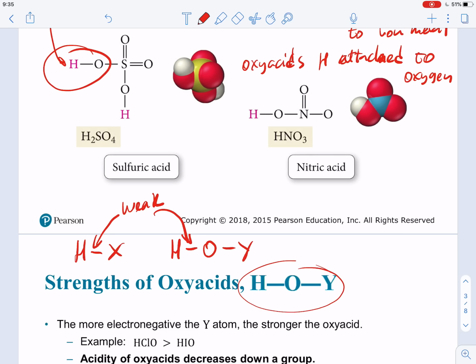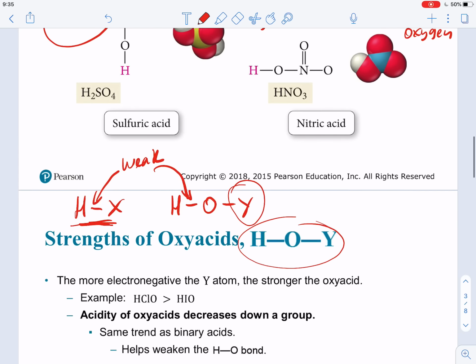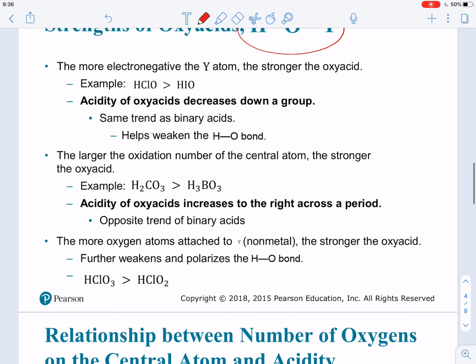It is this bond, the hydrogen oxygen bond, the one that you want to be weak. Okay, so the nonmetal has a larger impact here in terms of the strength of that hydrogen nonmetal bond, but here the impact is a little bit different, because it's not affecting the bond directly, it's affecting the oxygen, and in consequence it will affect the bond. But let's take a look at what I mean for that matter.